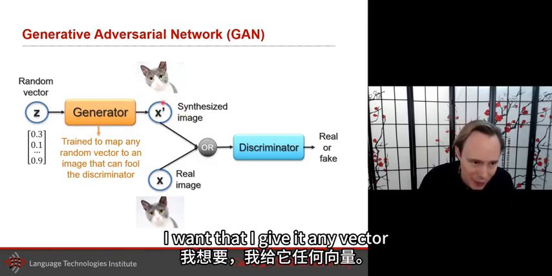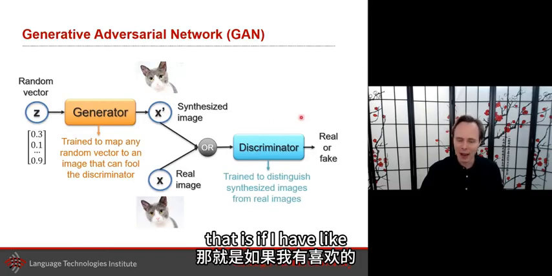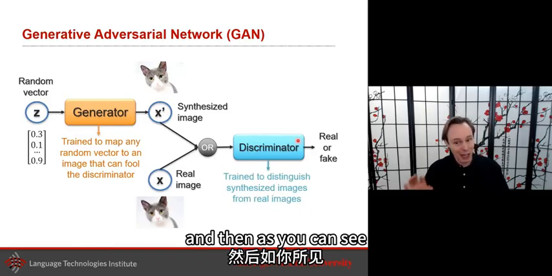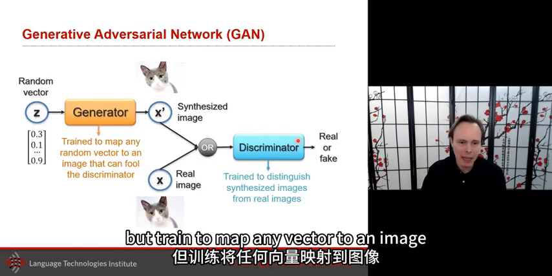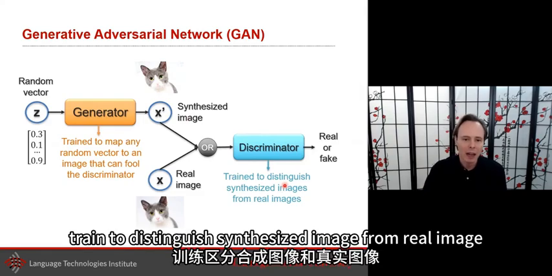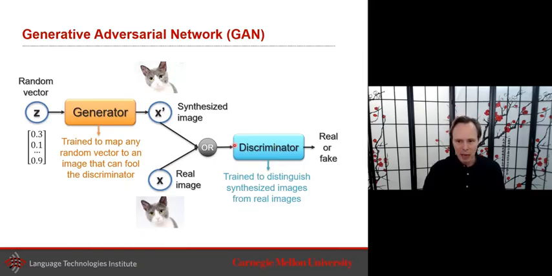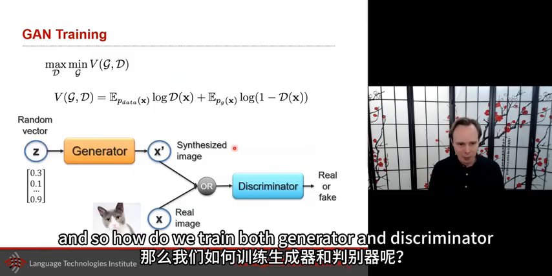I want that when I give it any vector, it should give me a real image. As you can see, they're going to compete with each other: one is trained to map any vector to an image, and the other is trained to distinguish synthesized images from real images. And so how do we train both generator and discriminator?